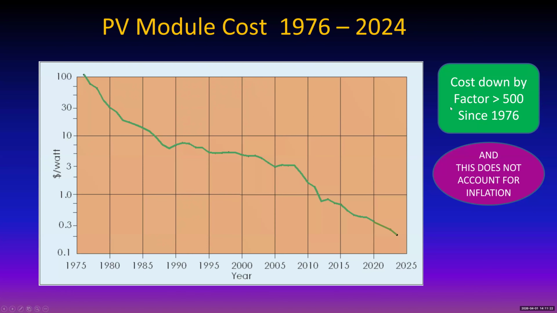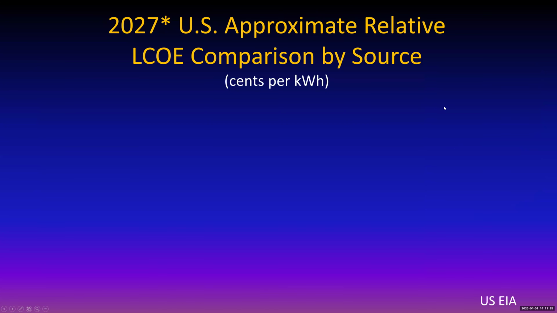So, in any case, this one fact alone, plus the fact that things are becoming more reliable, and a lot of other things, means that if we compare different energy sources using the so-called levelized cost of energy concept, what we end up with is the following. Levelized cost of energy is basically adding up the total cost of the production of the energy, starting from building the source, to adding the fuel, burning the fuel, maintaining the source, and decommissioning at the end of life.